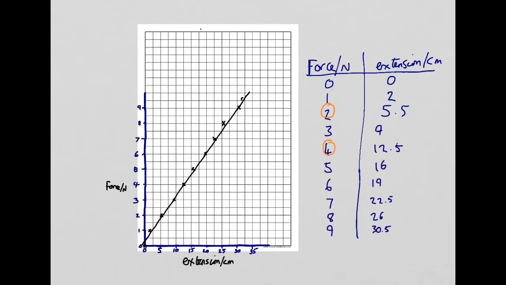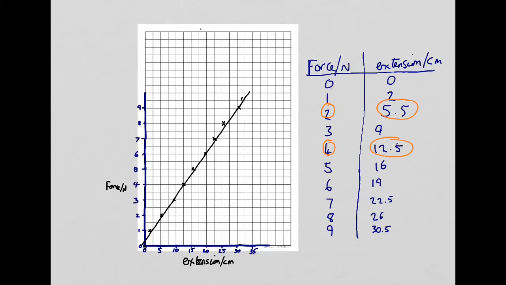So extension doubles to 12.5. It's not exactly double, but in a perfect world it will double. So it doubles, it goes through the origin, and it's a straight line, so it's directly proportional. Just a little side note, I've put force on the y-axis. Normally I'd put the independent variable on the x-axis, but for some of the calculations we're going to do later, it works out better if we've got force on the y-axis.